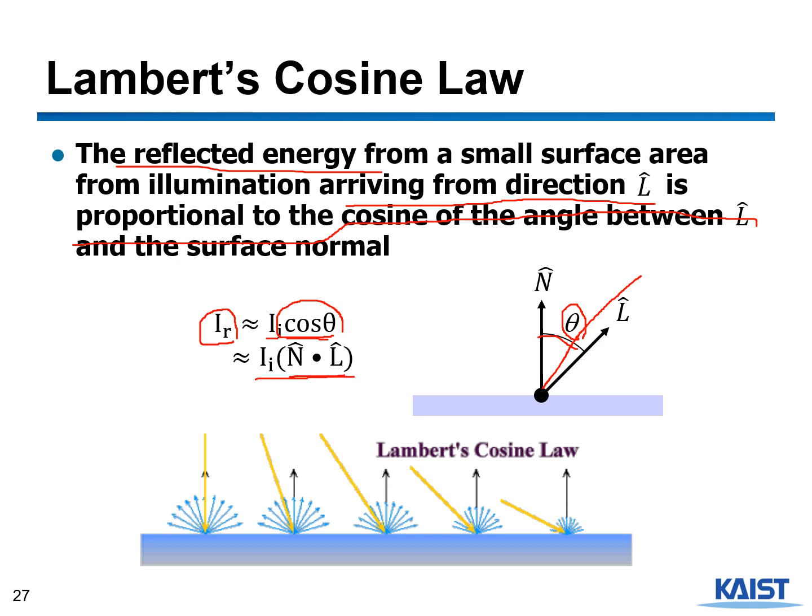This indicates that if the light energy comes from above, orthogonal to the surface, the highest energy is reflected across all possible directions, since theta is 0 here and cosine of 0 is 1, right? As the light arrives at that location at a larger angle theta, we get a smaller energy. This is also intuitive and aligns very well with our observation, right?